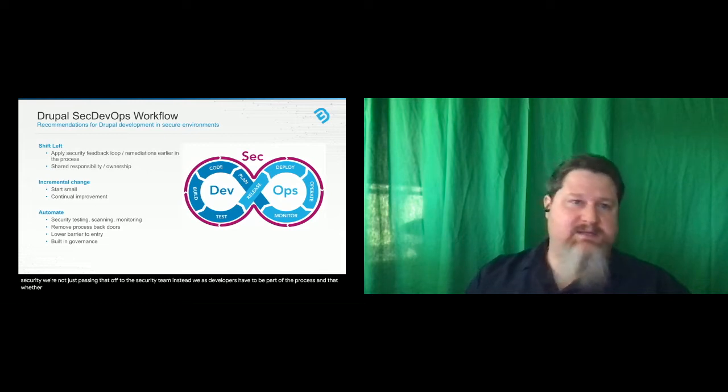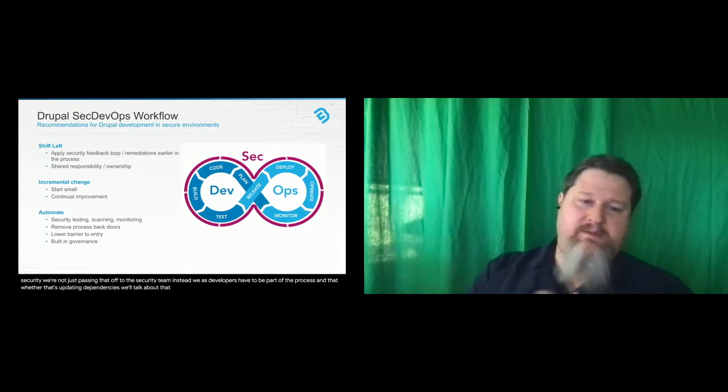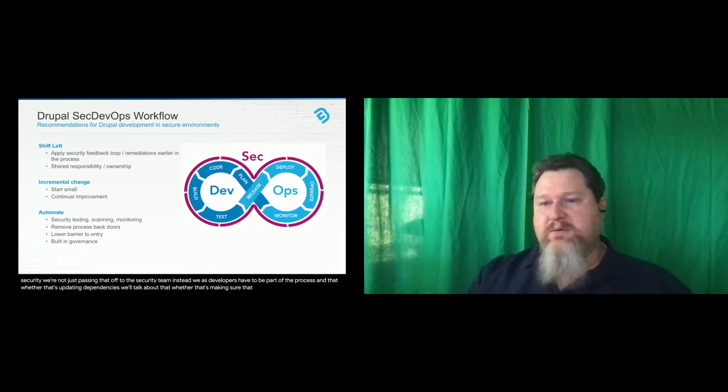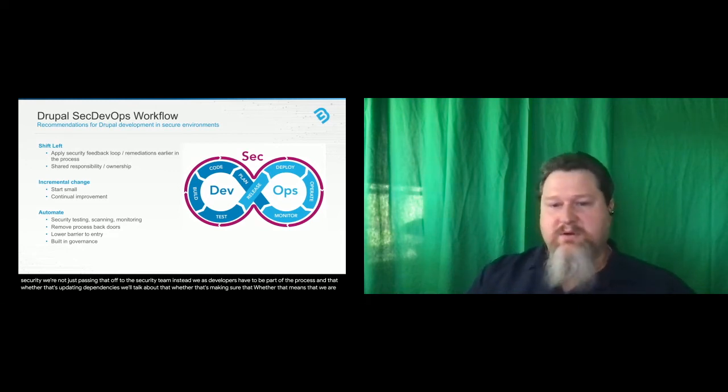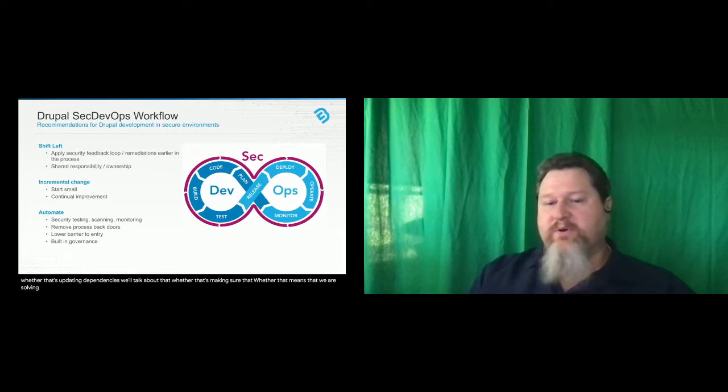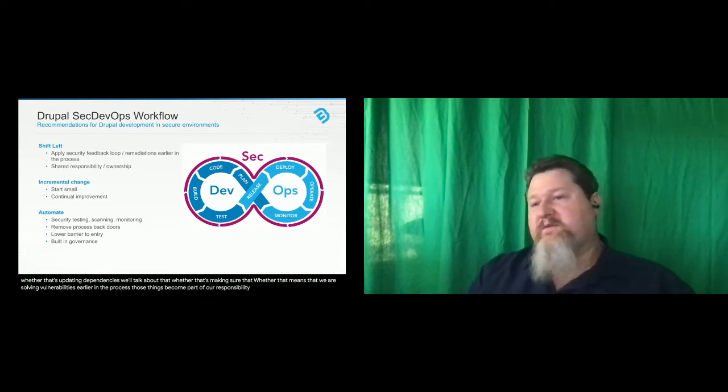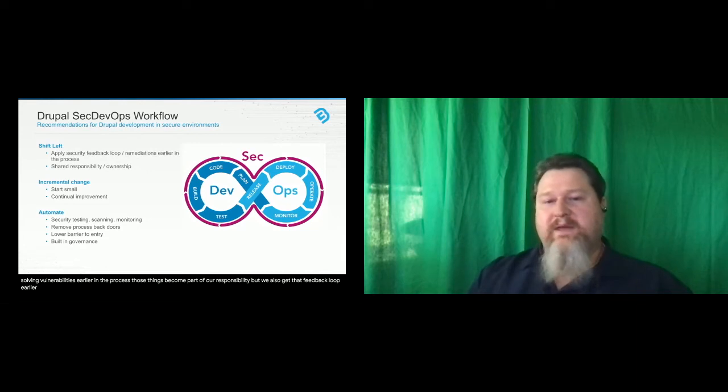Whether that's updating dependencies, which we'll talk about, whether that's making sure that we are running scans against our code, whether that means that we are solving vulnerabilities earlier in the process, those things become part of our responsibility. But we also get that feedback loop earlier, and that's part of the value.